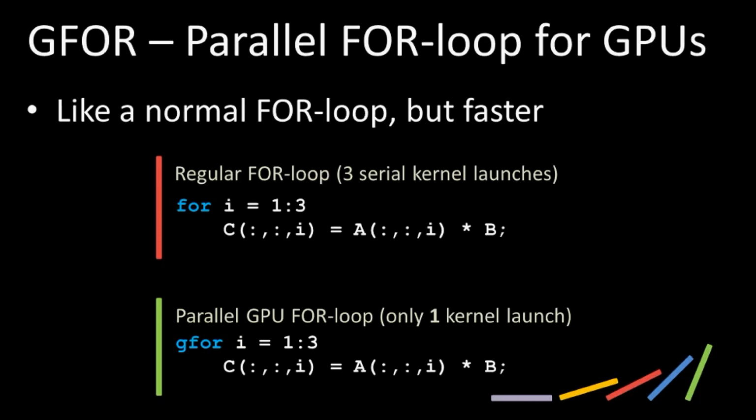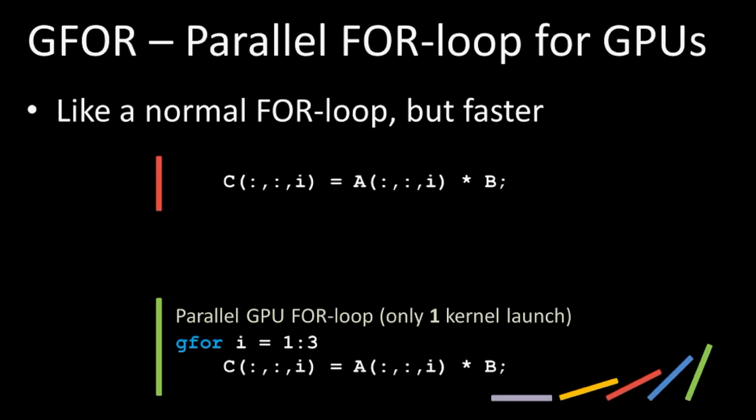Both of these loops produce the same result, and both of these loops are completely valid and run just fine, except the first loop runs each of the iterations sequentially in 3 separate kernel launches that are all done serially, whereas the G4 loop is able to combine all of those operations into one kernel launch and launch essentially all iterations of the loop simultaneously.